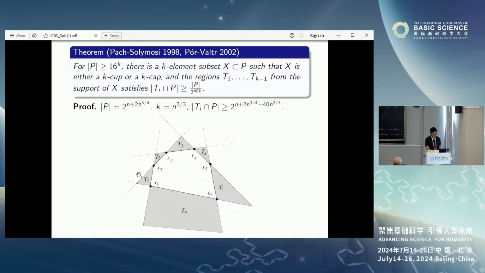So I have these large cluster points, etc., etc.